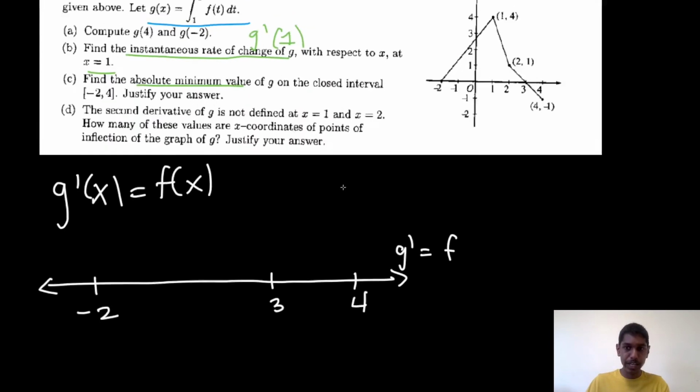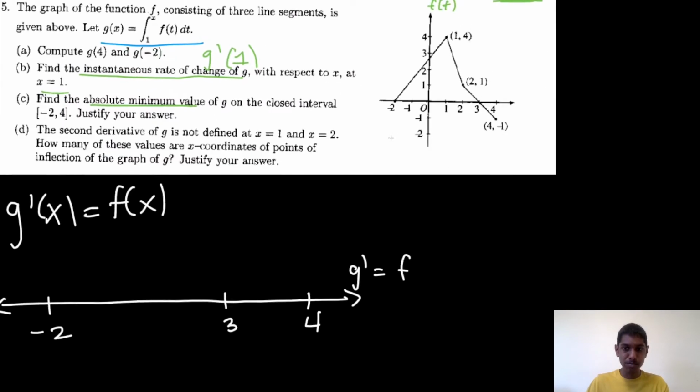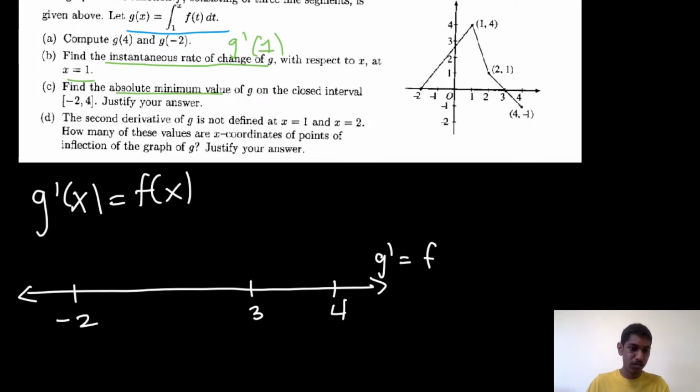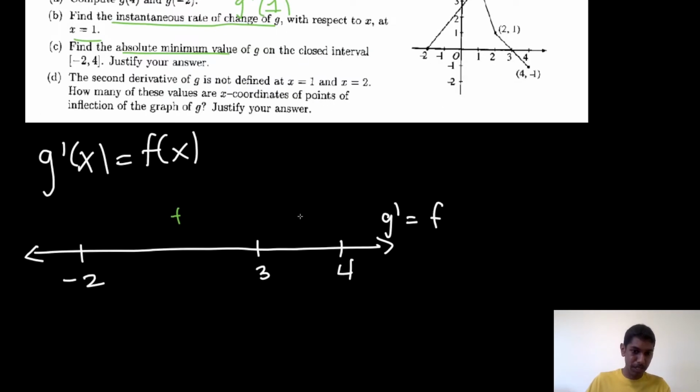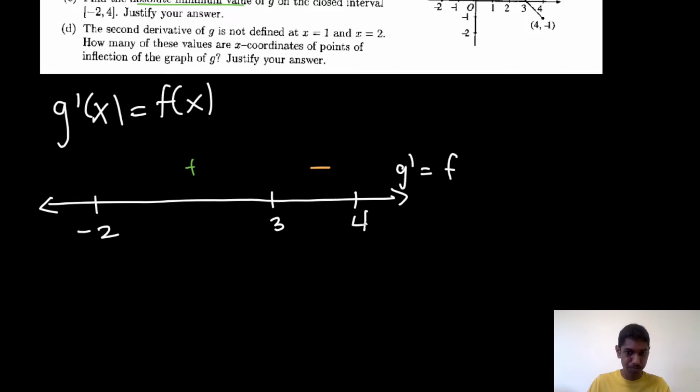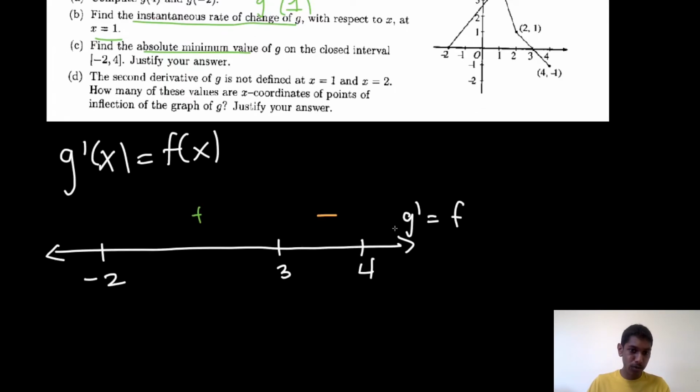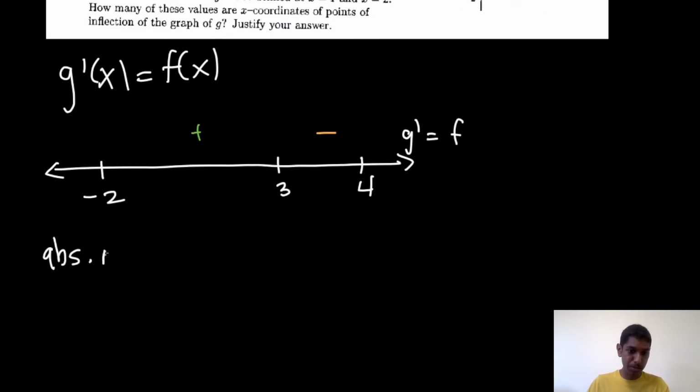And now we know that g prime is positive from minus 2 to 3 because f is above the t-axis, right? Over here. But then it's below the t-axis, f is negative over here. So we put a minus from 3 to 4. So now we're looking for an absolute minimum.